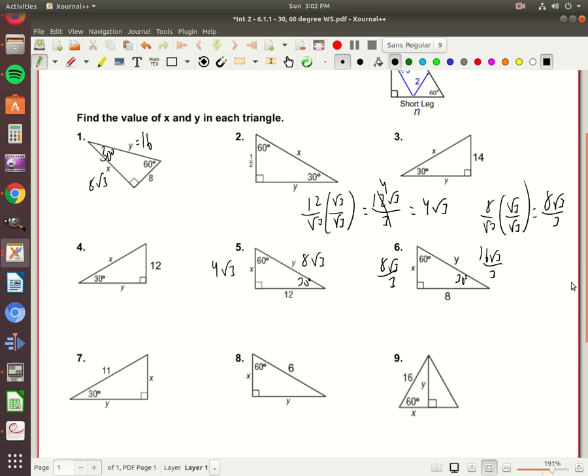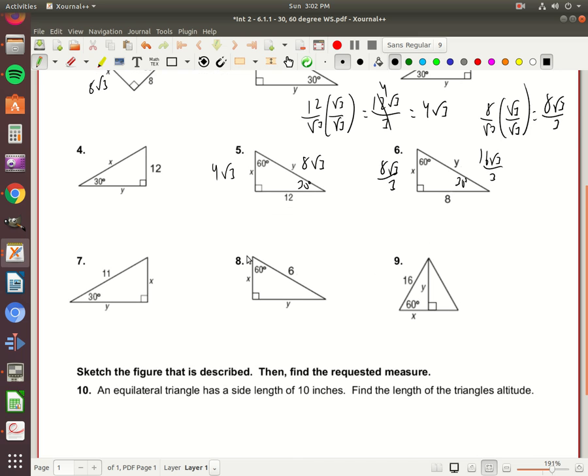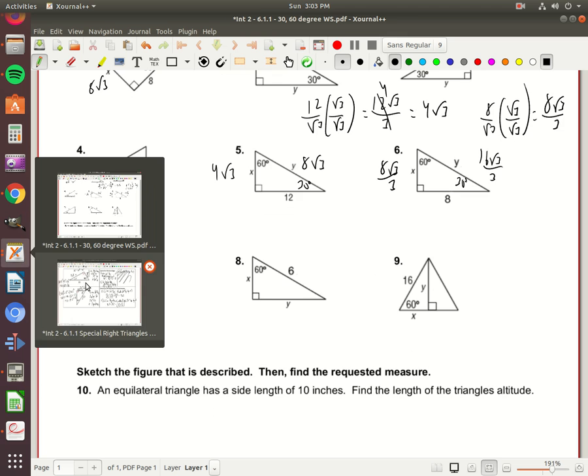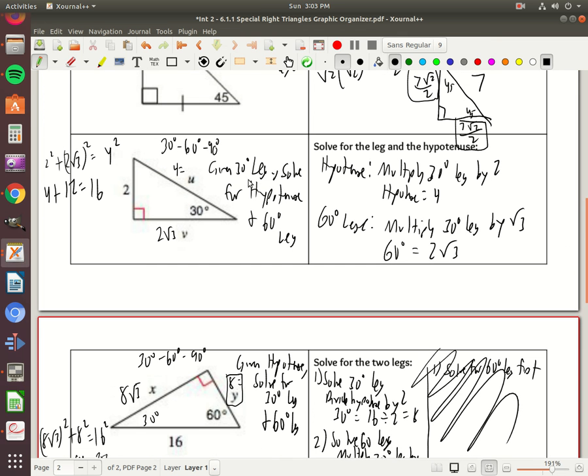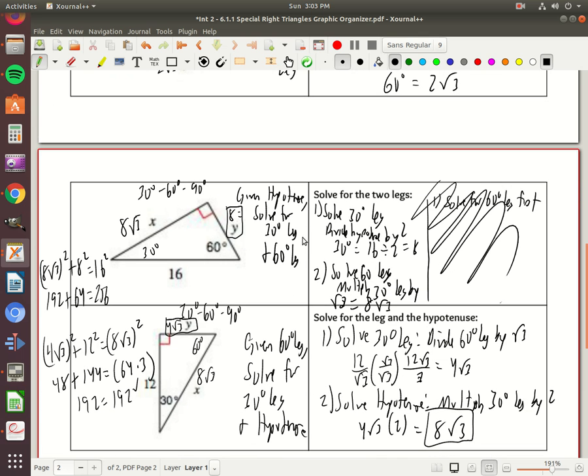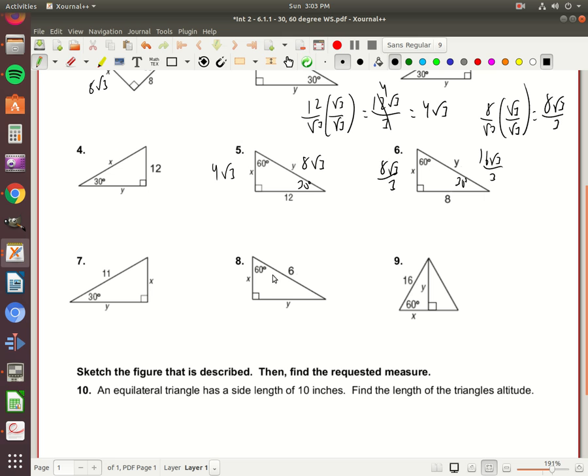And then finally, what happens if they give us a problem like number 8, where they give us the hypotenuse? So I'll go back over here. If they give us a hypotenuse, so here, they give us the hypotenuse. The first thing we're going to do is solve the 30-degree leg by dividing the hypotenuse by 2. So if I divide 6 by 2, I get 3.